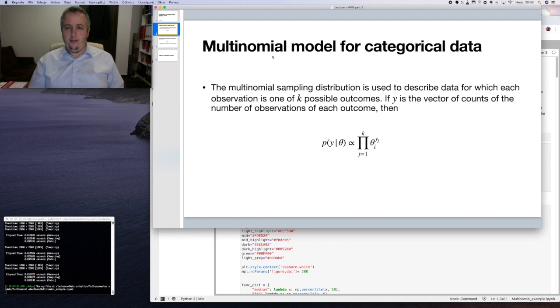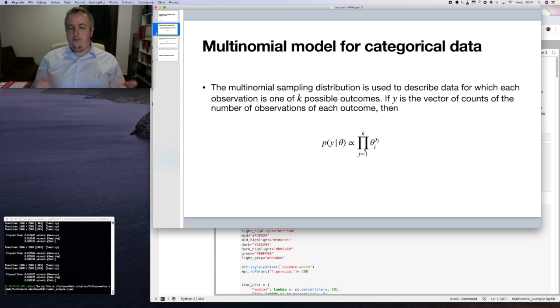This is a model that predicts how many successes or events will happen in certain categories, and its probability distribution is described by a set of parameters theta i, which sum to 1 because they explain the entire space of possible events that can happen.